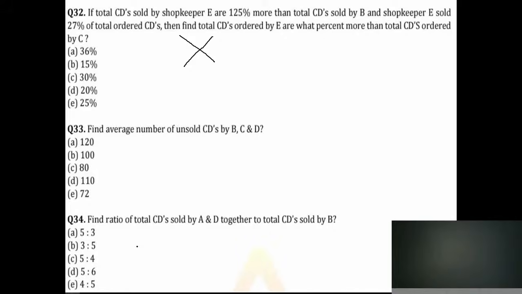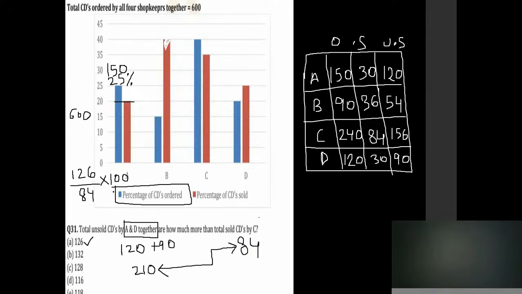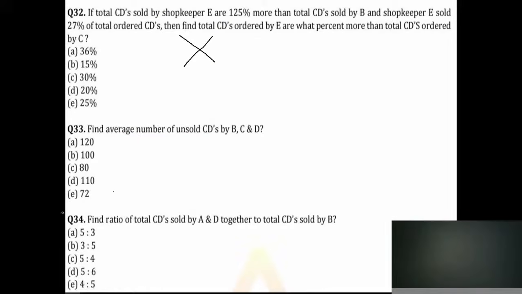What is the average of unsold by B, C, D? Average means you should add all the numbers and divide by 3, because B, C, D are 3. So unsold by B, C, D: 54 plus 156 plus 90, divided by 3. Can anyone answer?